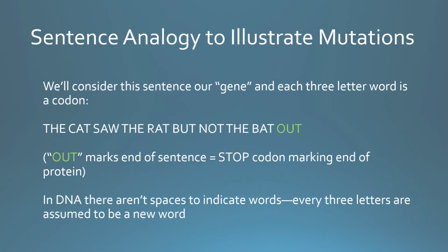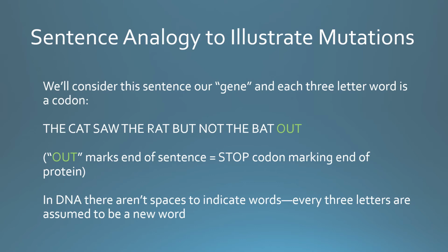So to illustrate different changes in DNA, we're going to use a sentence analogy, which is a little bit easier to follow than a bunch of As, Cs, Gs, and Ts. And so our sentence is going to consist of 3-letter words, because every 3 bases of DNA makes a codon which specifies a particular amino acid in our protein sequence.